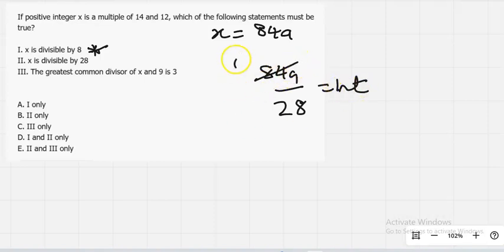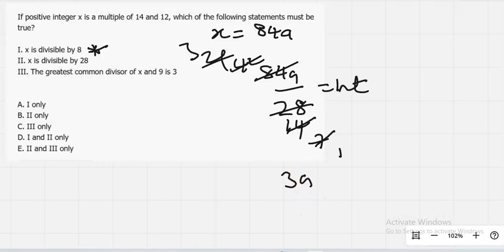Simplifying, we have 3a. Since we know that a is an integer, 3a will always give us an integer. So this is true in all cases, and we pick this.